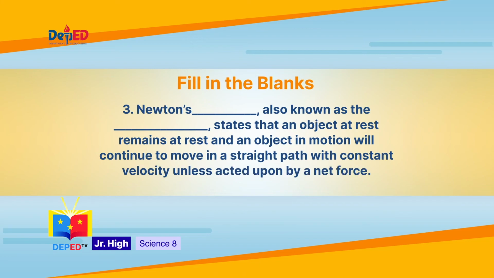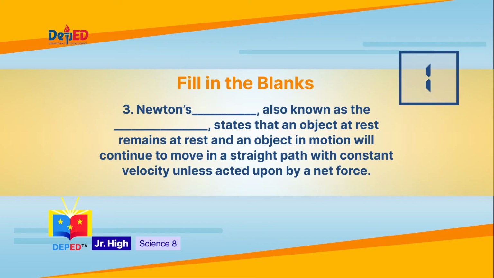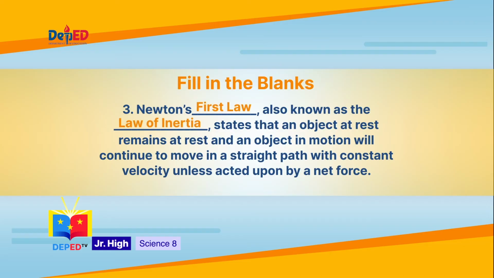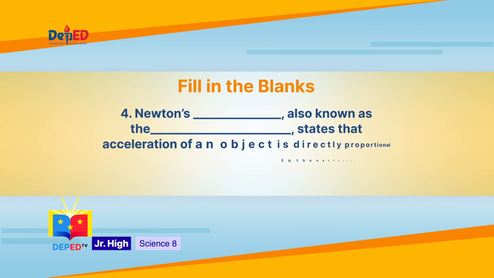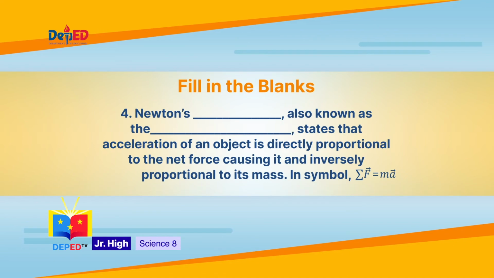Newton's blank, also known as the blank, states that an object at rest remains at rest and an object in motion will continue to move in a straight path with constant velocity unless acted upon by a net force. Newton's blank, also known as the blank, states that acceleration of an object is directly proportional to the net force causing it and inversely proportional to its mass.